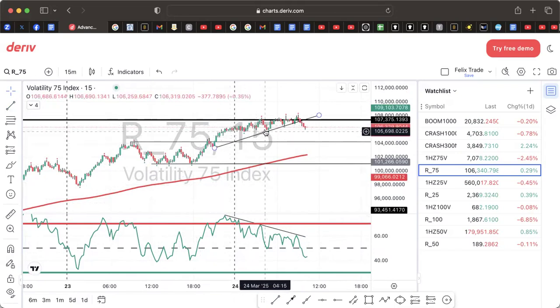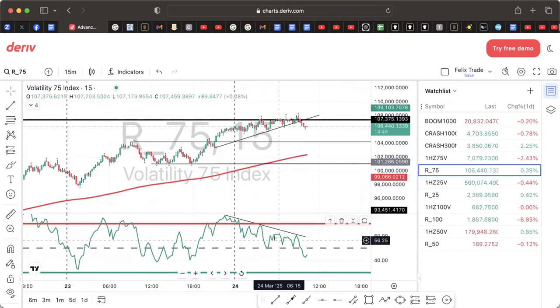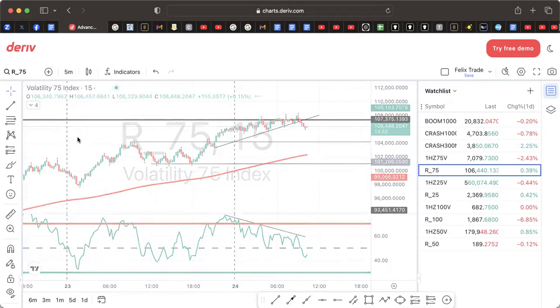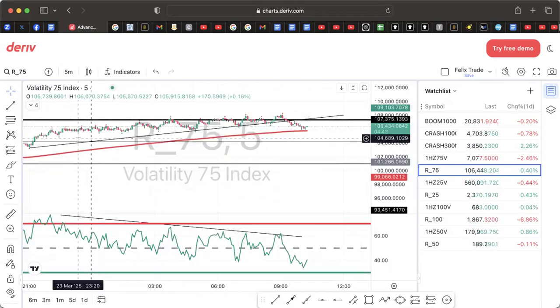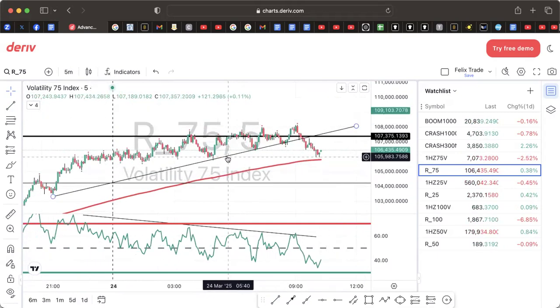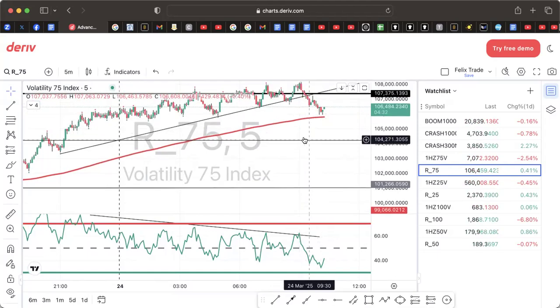The price is creating a higher high, while the momentum is creating a lower low. So this is a bearish divergence. The bullish divergence is the reverse. So ordinarily you will have been in when it broke this, but nevertheless, let's watch what happened.